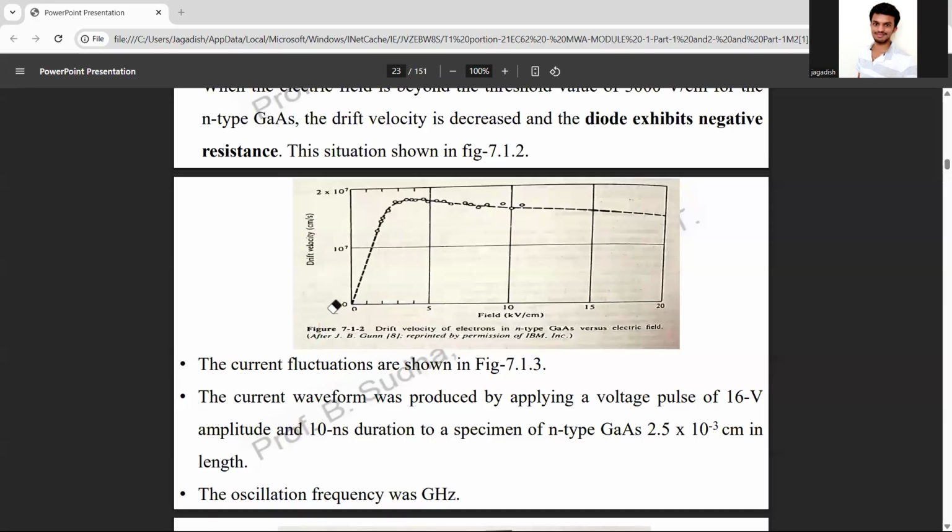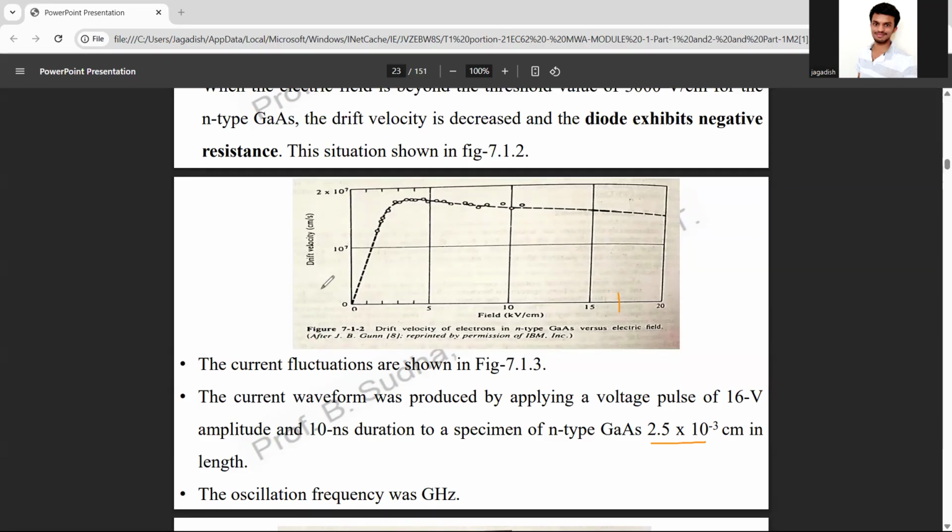First graph you are writing for the Gunn effect. The current fluctuations are shown. The current waveform was produced by applying a voltage pulse of 16 volts for 10 nanoseconds duration for an n-type gallium arsenide, which is 2.5 into 10 to the power of minus 3 centimeters.